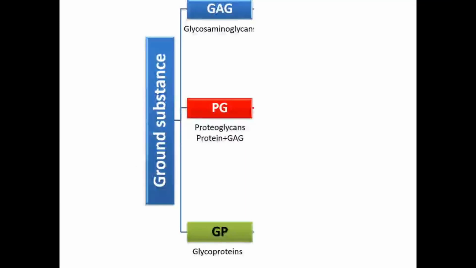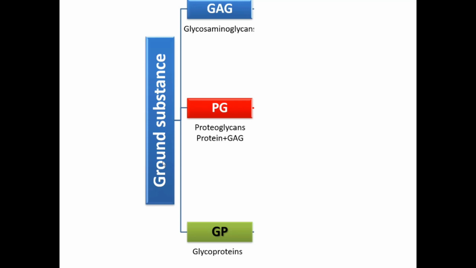Salam everybody. I'm going to explain the third component of connective tissue, the ground substance. The ground substance is a hydrated and transparent part of the extracellular matrix.